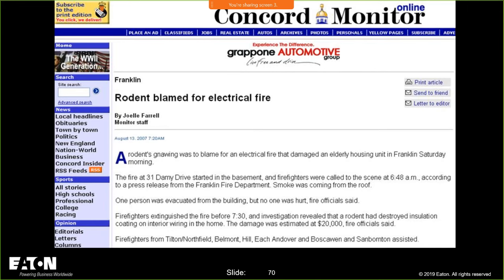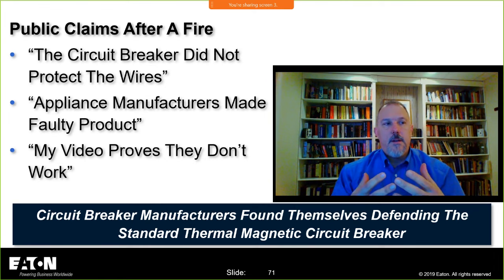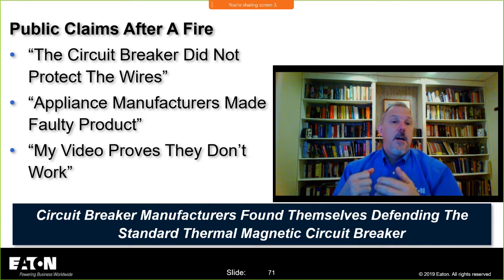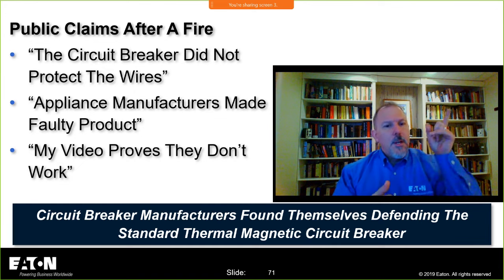We report the fire statistics and we report some incidents. But what used to be said, and I think to an extent is still being said in some cases, is that the breaker didn't do what it was supposed to do. That circuit breaker didn't protect the wires. The appliance manufacturer made a faulty product and that breaker should have picked it up.